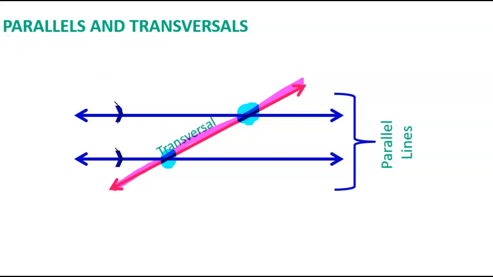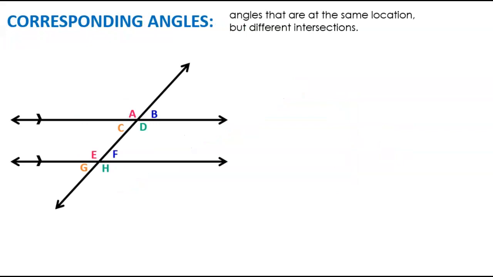Okay, so let's get started with our first special angle pair. These are called corresponding angles. Corresponding means that they're at the same location, same location, but different intersections. So what in the world does that mean? Let's first identify where our intersections are. We have an intersection here and an intersection there.